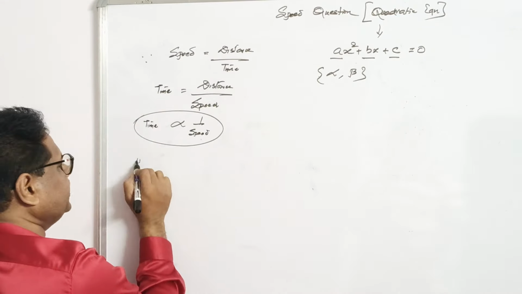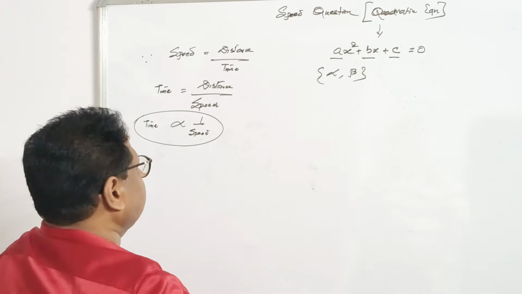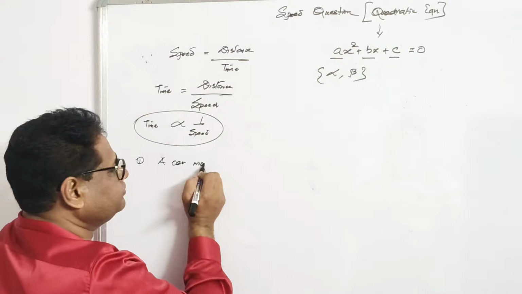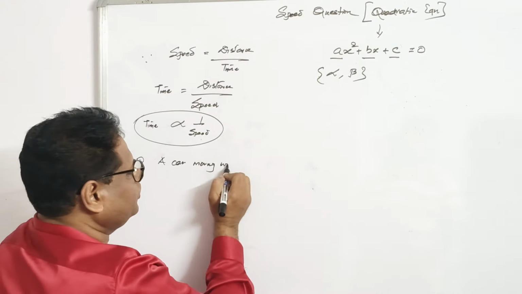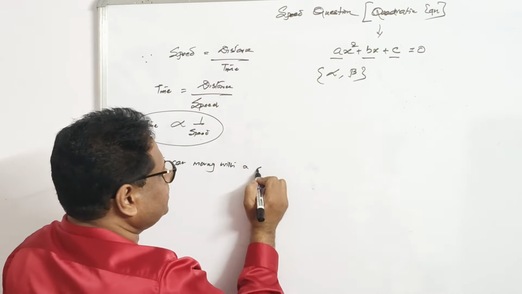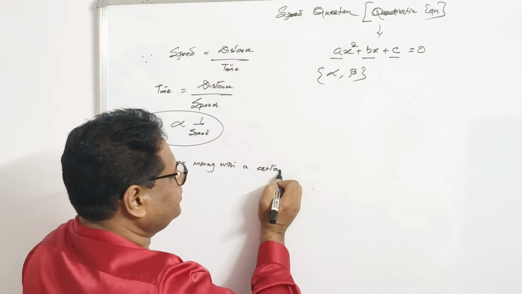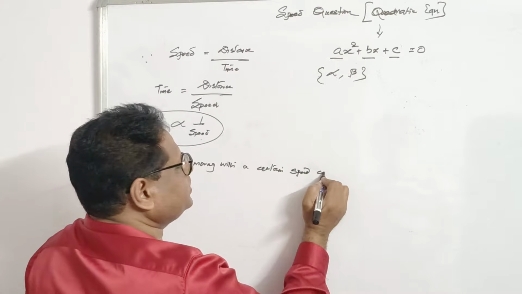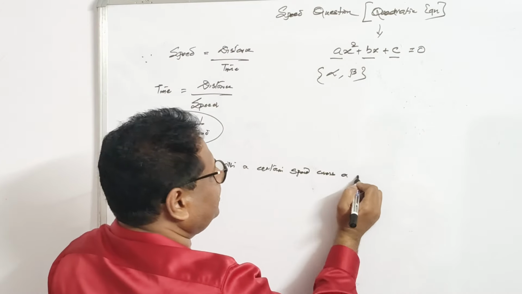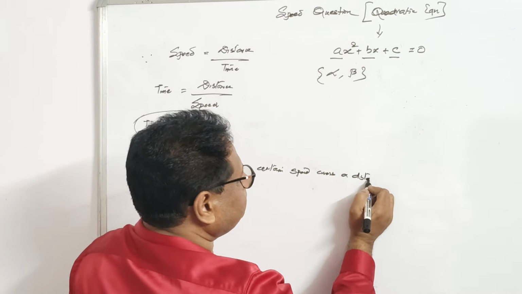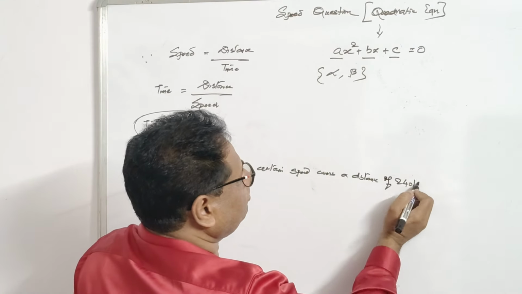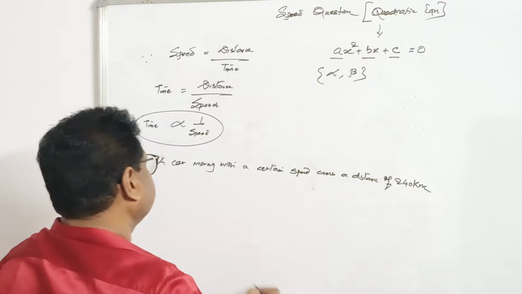Now let us discuss one question. A car moving with a certain speed covers a distance of 240 kilometers, right?